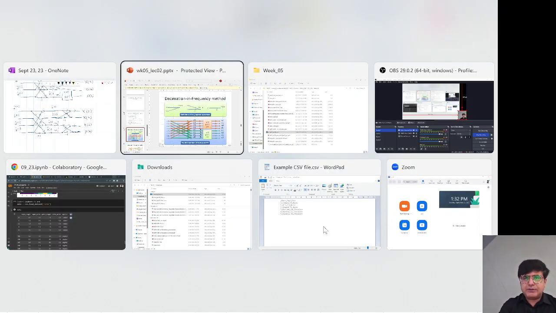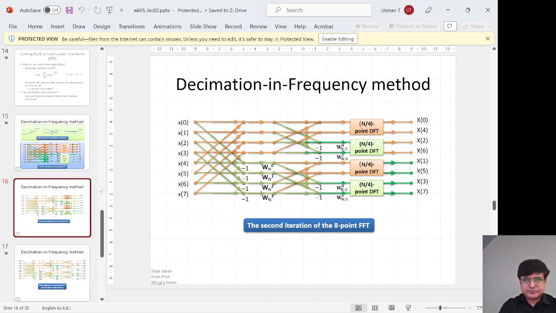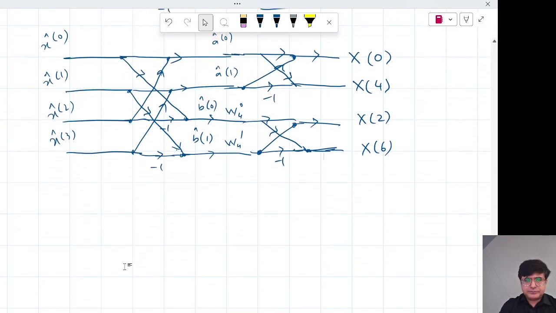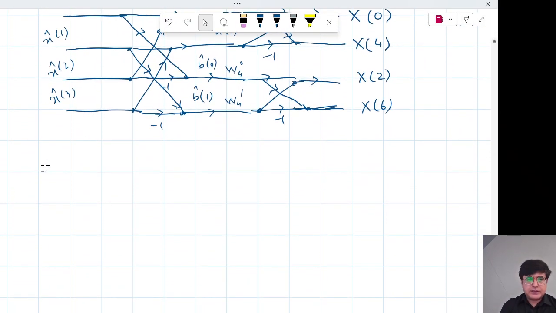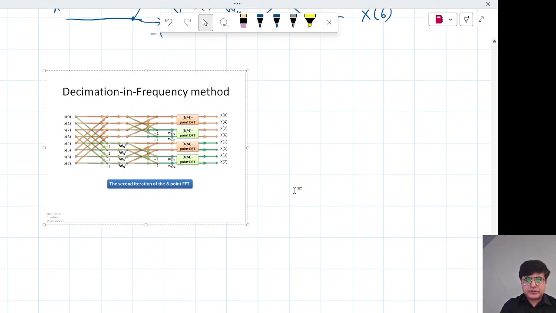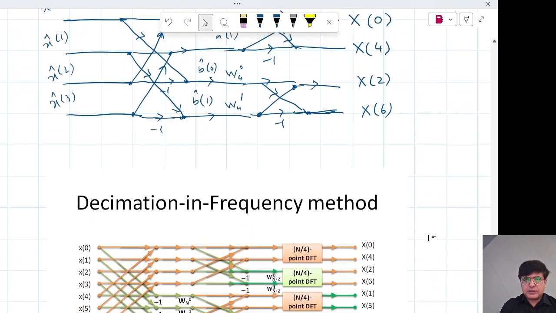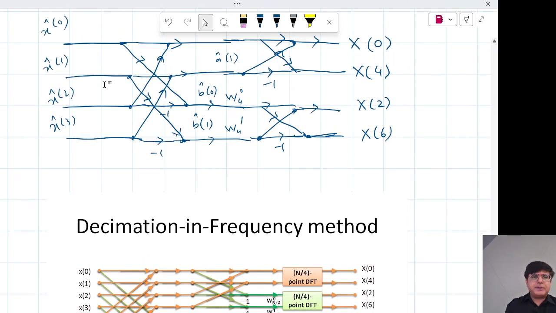And this is exactly what you have in your slides. This guy. This guy. Let me just zoom in. So this whole thing, and by the way, x hat of 0 is basically a of 0, right?